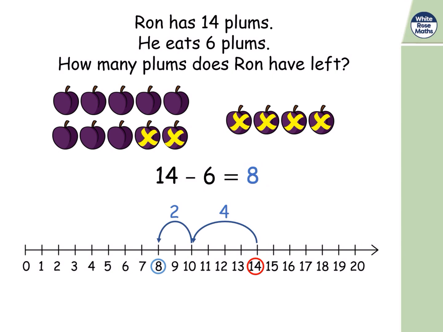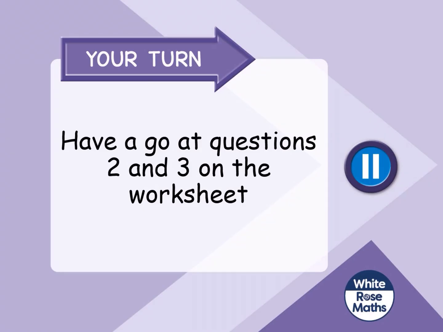I have 8 plums left. Or Ron does, anyway. That's more efficient, isn't it, than counting off 1 plum at a time, jumping to that nearest 10, and then doing another jump afterwards. It's your turn now. Have a go at questions 2 and 3 on the worksheet, and make sure you're jumping to that nearest 10.